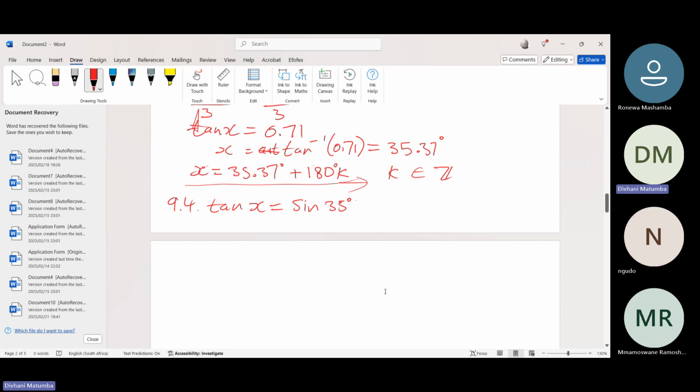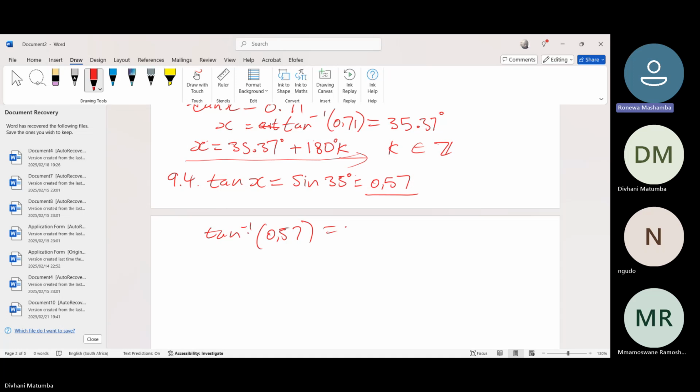Sine of 35 is 0.57. So tan of x equals 0.57. We have the value, so what angle do we have? We have 29.68.